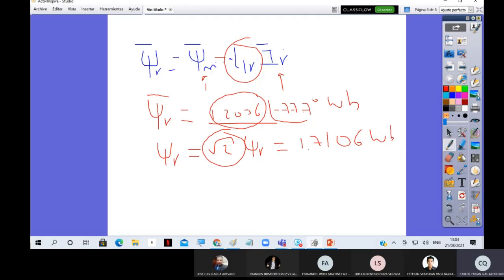In per unit values, this is equal to 1.349 per unit. So let's compute now the current peak values.